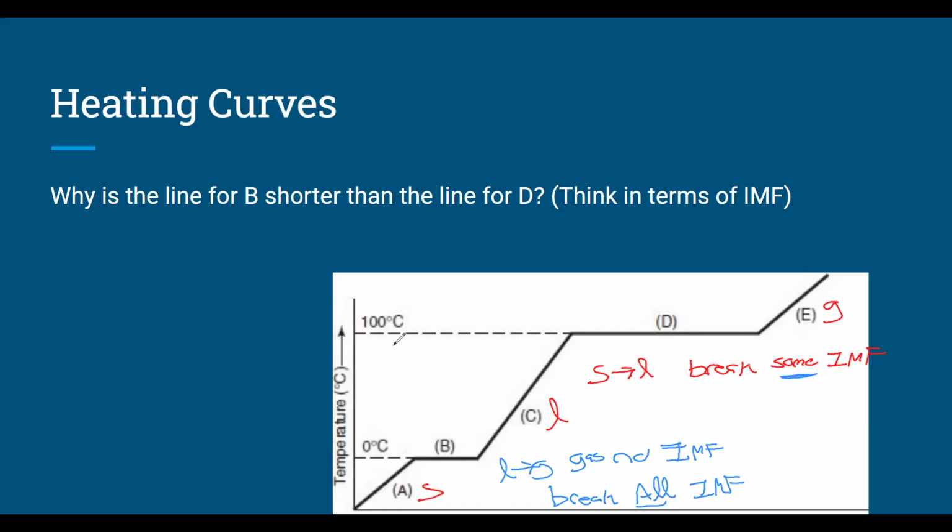All is greater than some. So it always takes more time and more energy to go from a liquid to a gas compared to a solid to a liquid. And the opposite is true. It's going to take more time for the gas to fully condense into a liquid versus the liquid fully freezing into a solid.